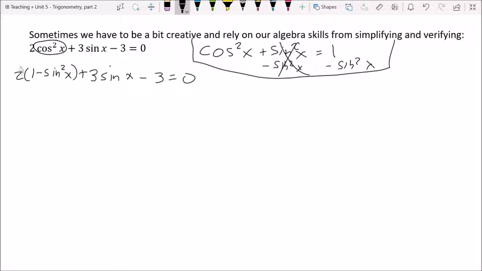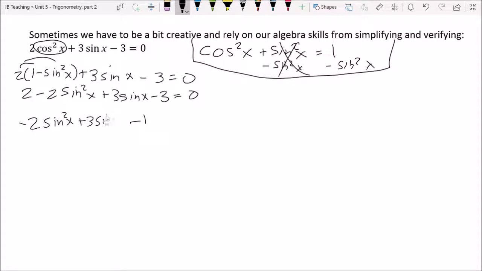Okay, let's start simplifying. Let's distribute this in. So I get 2 minus 2 sine squared plus 3 sine minus 3. It looks like we have some like terms that we can combine. I think that says 2 minus 3, so we'll have a minus 1 down here at the end, a negative 2 sine squared here, and a plus 3 sine in the middle, still equal to 0. And then one thing that I notice here is our leading coefficient is negative.